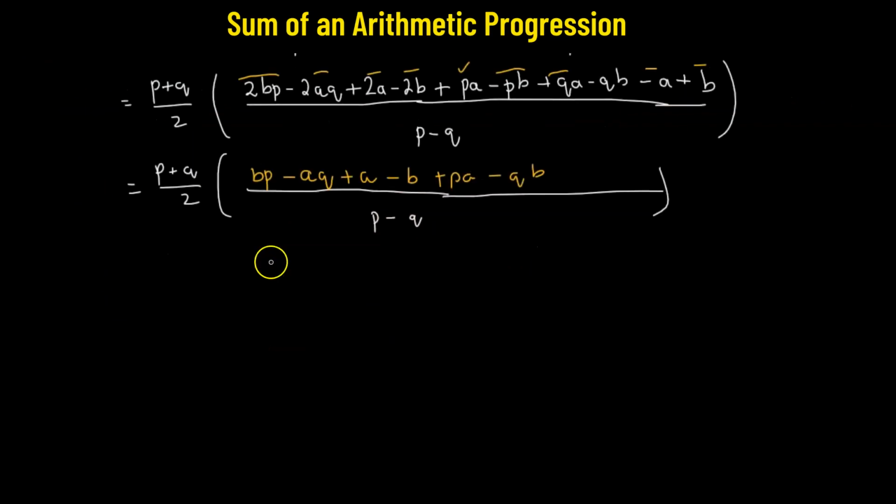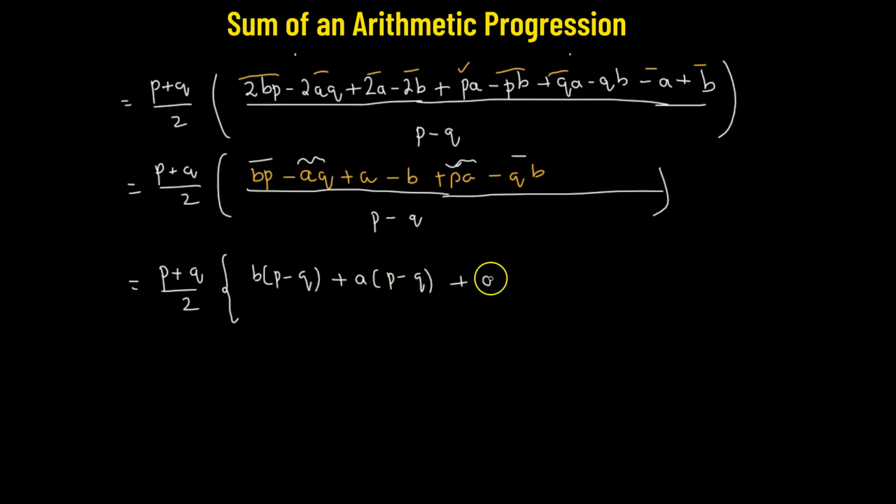Now we will have p plus q over 2. We'll combine the first term and the last term. Here we'll take b as the common factor, so we'll have b times p minus q. Then we'll consider negative aq and positive ap, and if we take a as the common factor, we'll have a times p minus q, plus a minus b, all divided by p minus q.